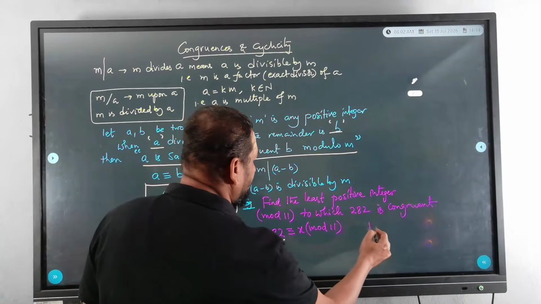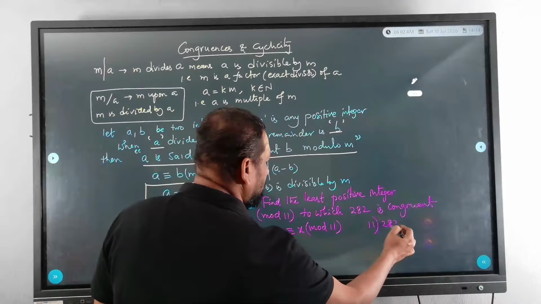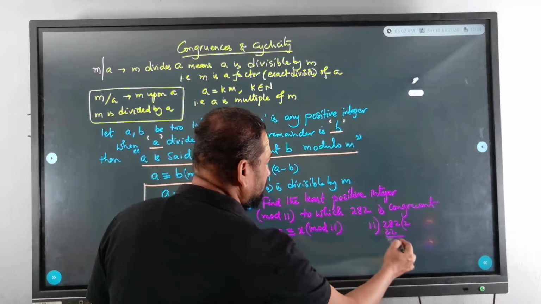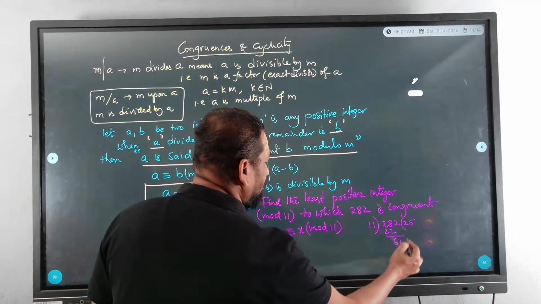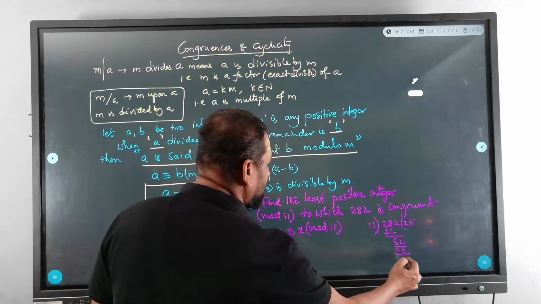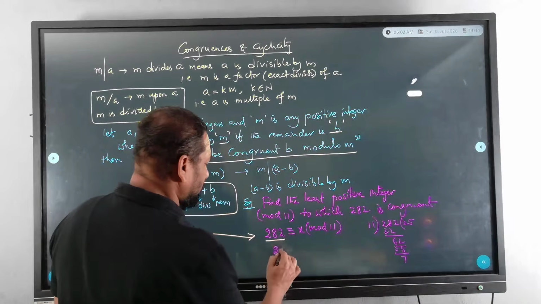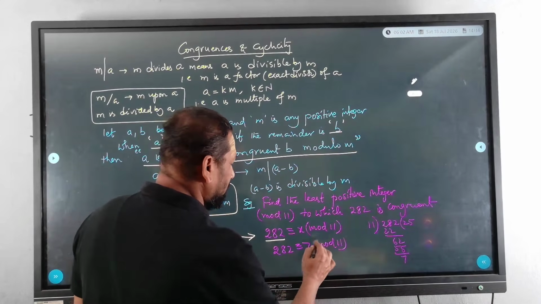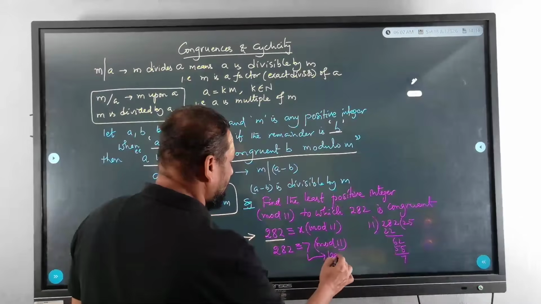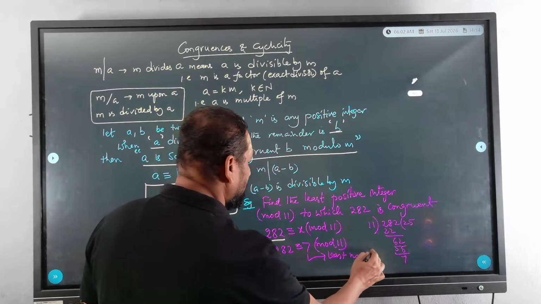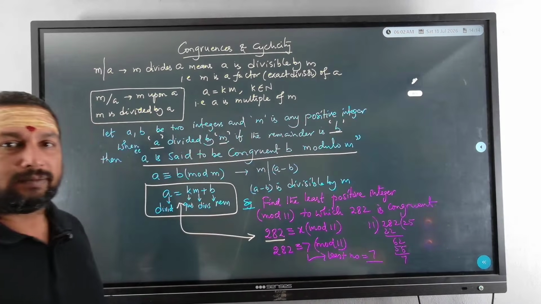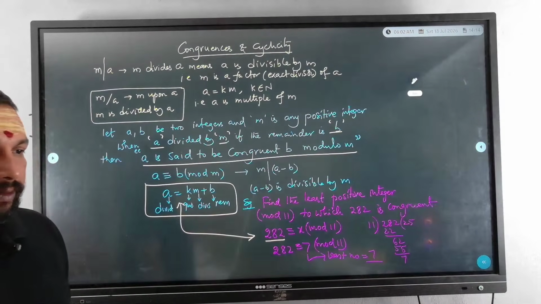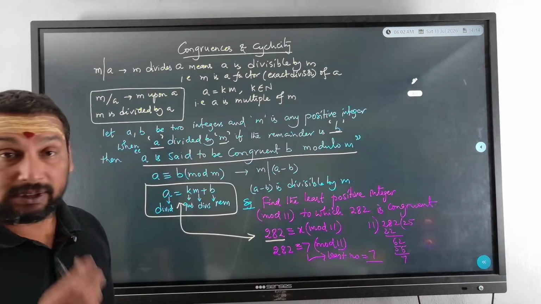So 11, 282: 2s are 22, 62, 5s are 55. So 282 congruent to 7 mod 11. So what is the least number? The remainder is 7. Right, now we'll see the properties of congruence. Make it fast.